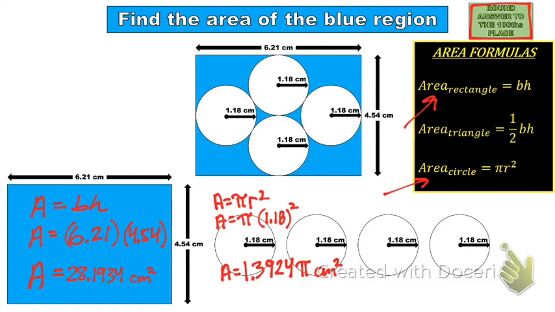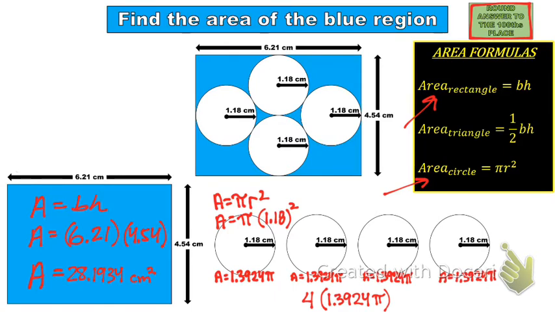Since someone cut four circular holes in our blue rectangle, we're going to need to take our 28.1934, the area of the entire rectangle, and subtract off 1.3924 pi, the area of one circle, but we're going to subtract that off 4 times because we have 4 circular holes in our rectangle.